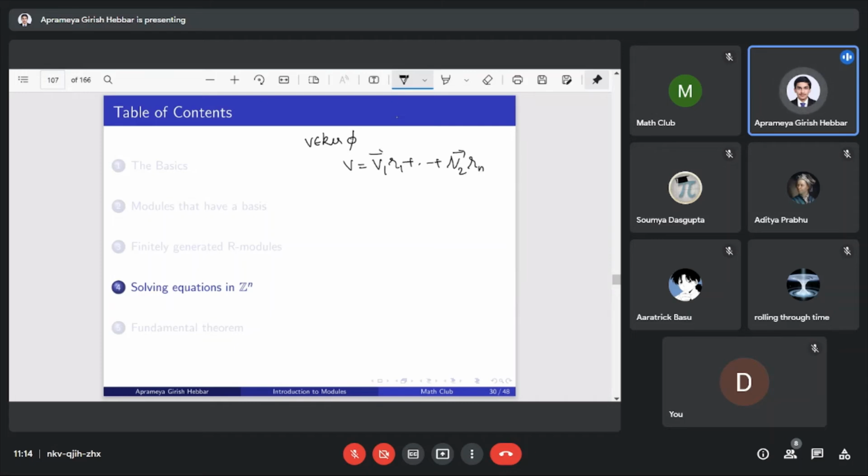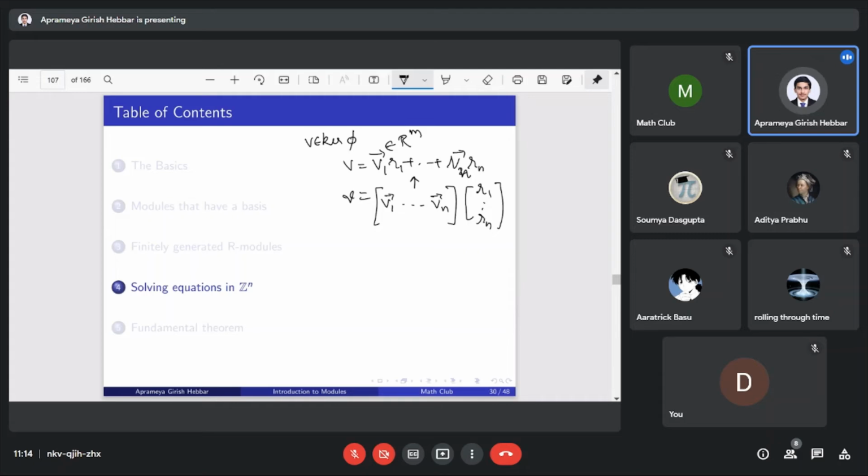So these are vectors in R^m. You can easily write this also as the matrix (v1 up to vn) times the column (r1, r2, ..., rn). If you just carry out the multiplication between these two matrices, you'll easily get this, which will be equal to v.